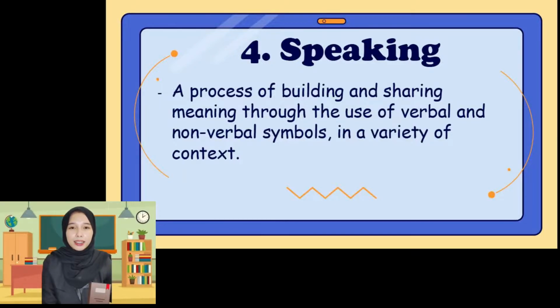Despite its importance, for many years teaching speaking has been undervalued, and English language teachers have continued to teach speaking just as repetitions of drills or memorizations of dialogues.